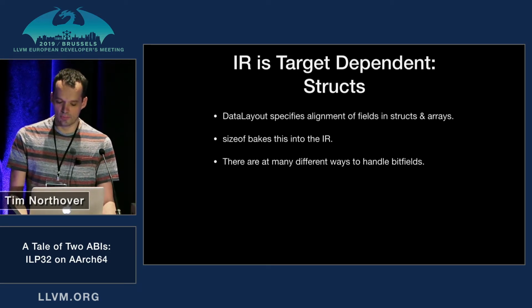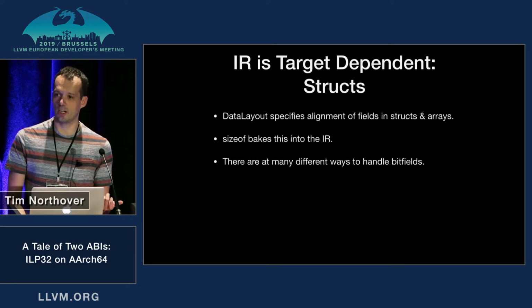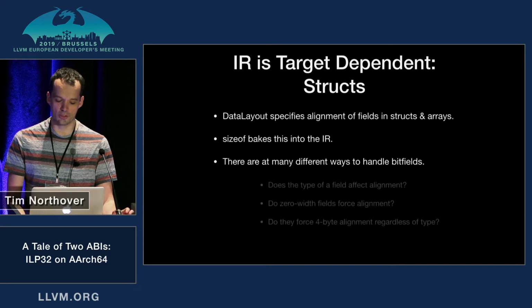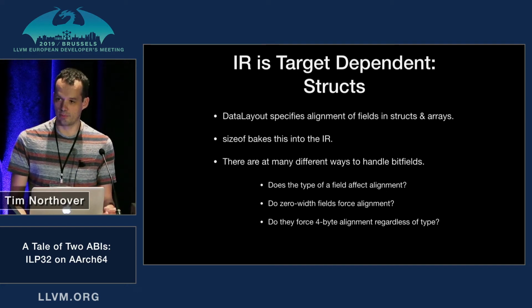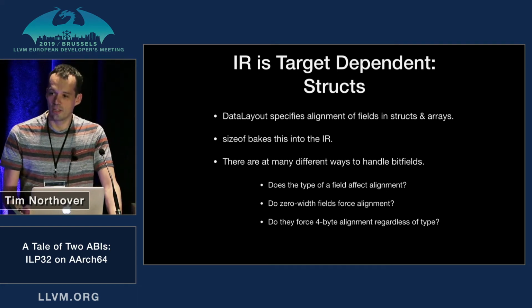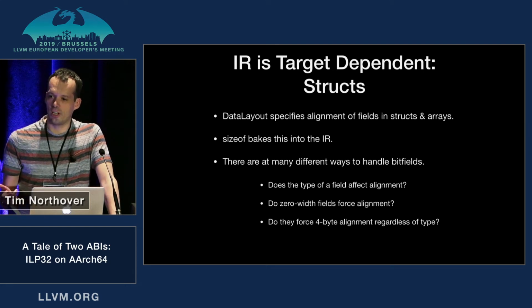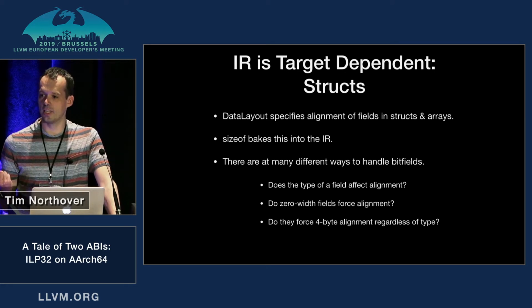As well as the fundamental alignment things for basic types, bit fields are woefully underspecified by C and C++, so every platform has basically decided to make its own take on what the designers really meant here, and they've all disagreed completely with each other. You've got quite a few decisions. You've got to decide, for example, if you've got a short bit field, is that allowed to overflow a short word boundary?